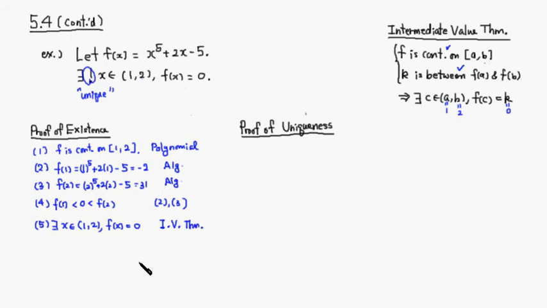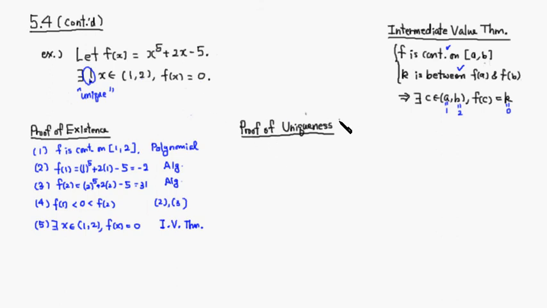That will establish the existence of such an x. Now we have to prove that that's the only x we can find, so there's exactly one x value between 1 and 2 such that f(x) = 0.